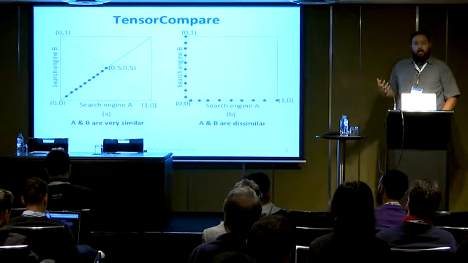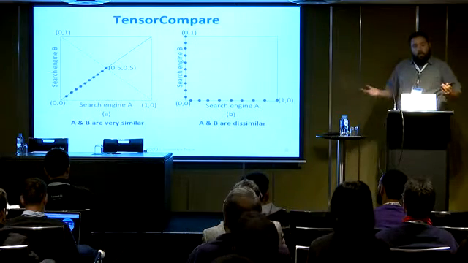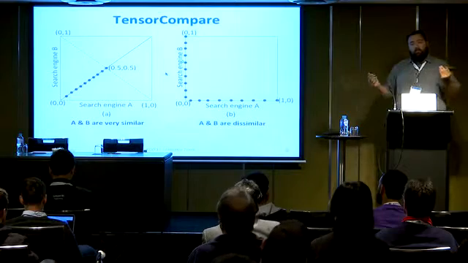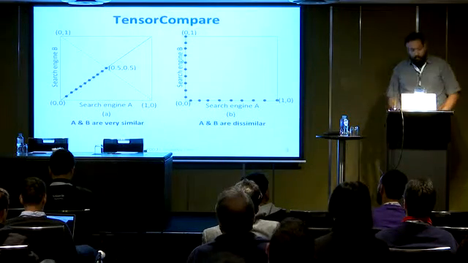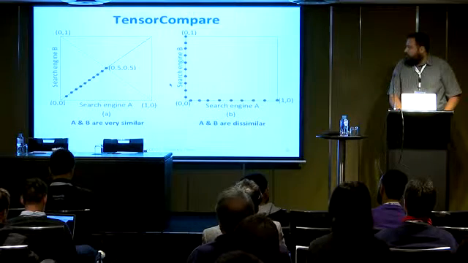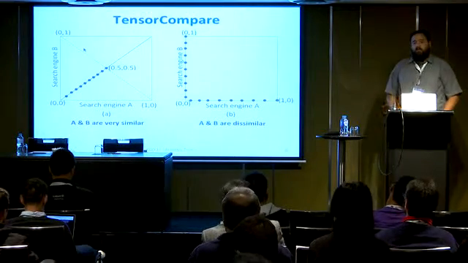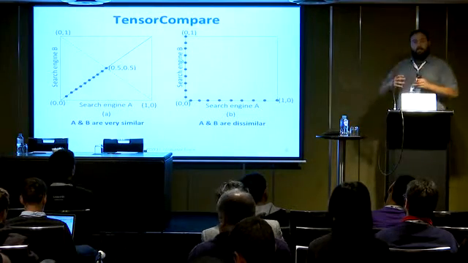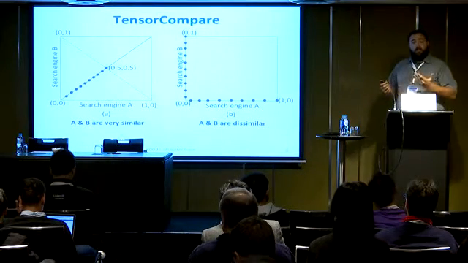Now, on the flip side, if they are extremely different, orthogonal to each other, you're going to see what we have on the right side, where we have points on the axes. And so these are obviously extreme cases, and we are going to observe in the two search engine case points along this sort of diagonal here. But this is a neat tool that takes all this data and helps us visualize the search engines in a common space.